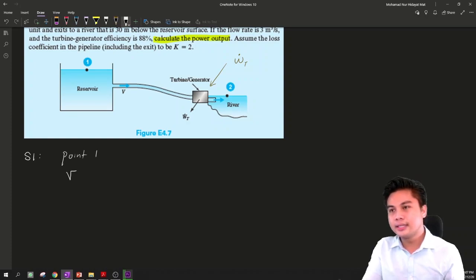Yes, there is movement of water, for example a floating object moving due to the motion of the fluid, but the velocity downward is very small. That's why V1 is approximately 0. And since this is exposed to the atmospheric pressure, P1 is equal to 0, as we use gauge pressure.